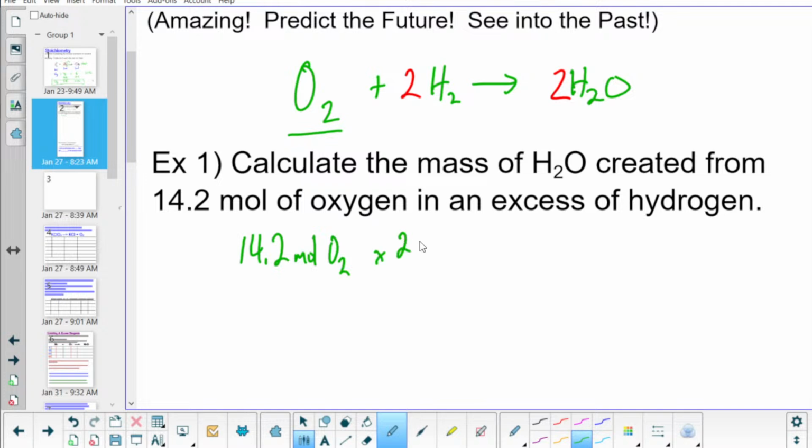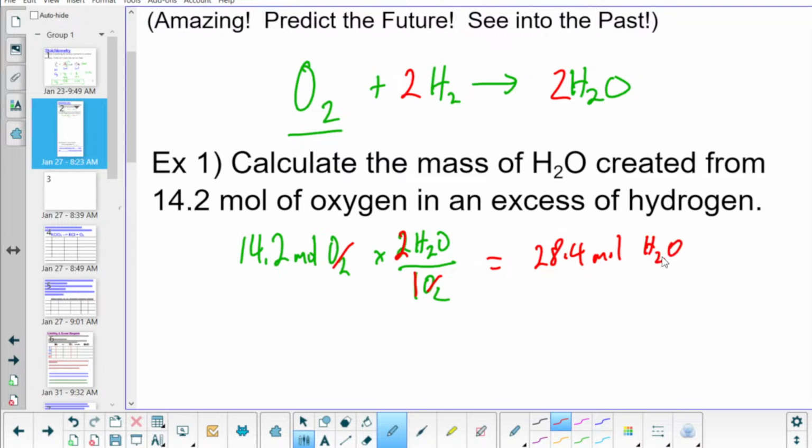So we have 2 waters for every 1 oxygen. So we can now treat what we're talking about like we do units. We know we need double the water, our oxygens cancel, and we get 28.4 moles of H2O.